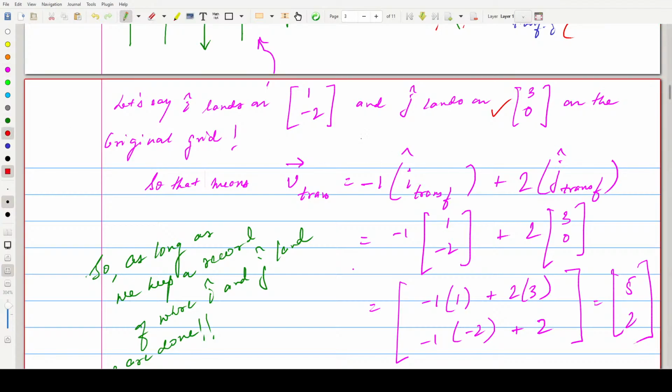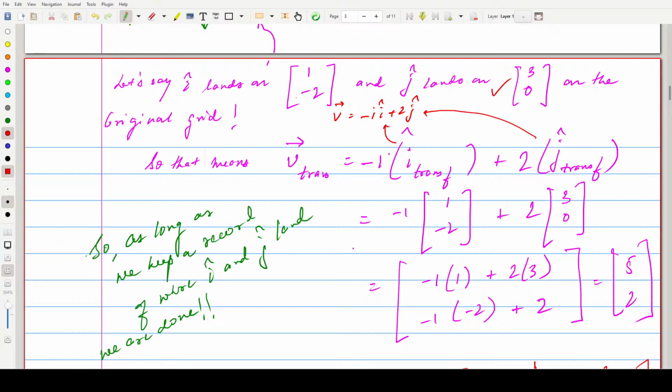Here the bases have been transformed, so we are going to impute the values for i and j.